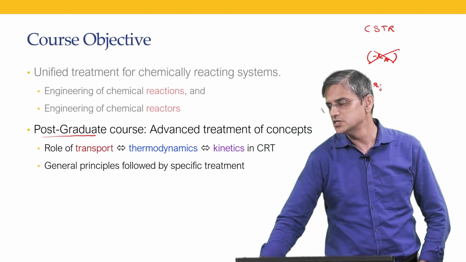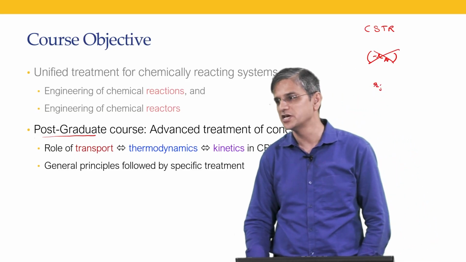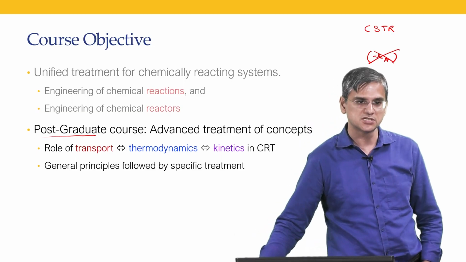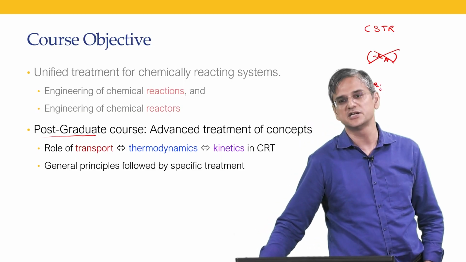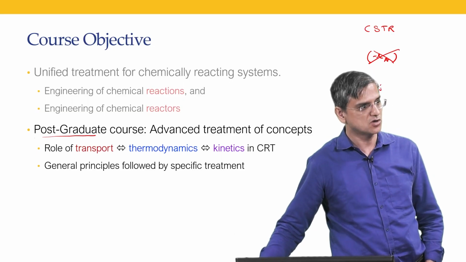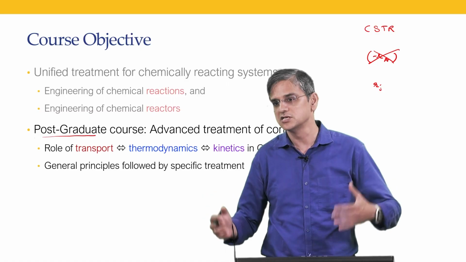Another example is, for example, axial dispersion was taken up as a special case of non-ideal reactors. We are not going to take axial dispersion as a special case of non-ideal reactors. Instead, we are going to talk about plug flow reactors as a special case of a general reactor under certain assumptions.